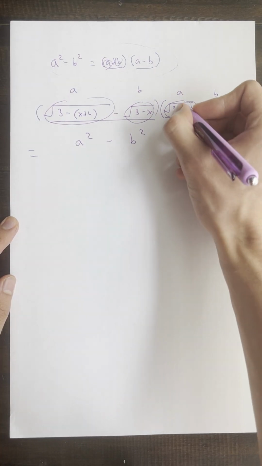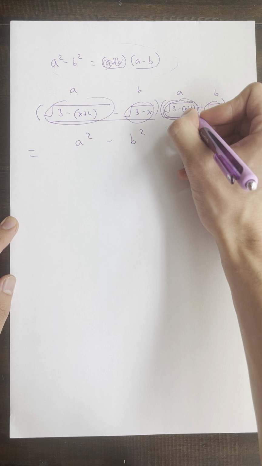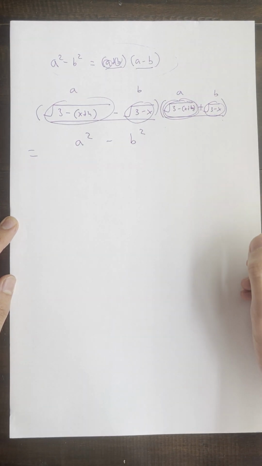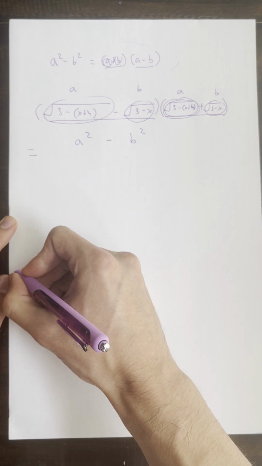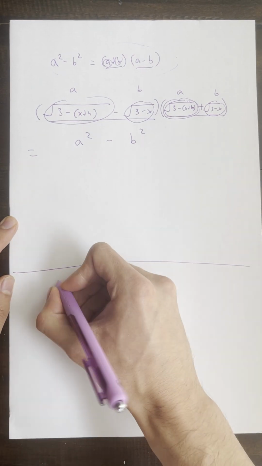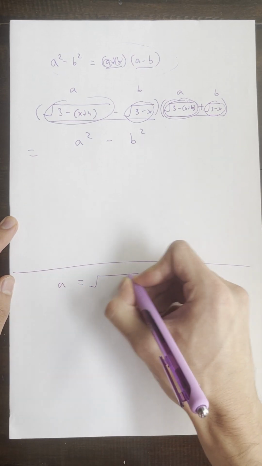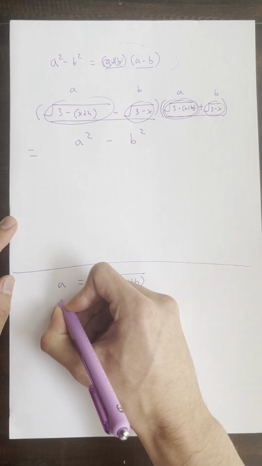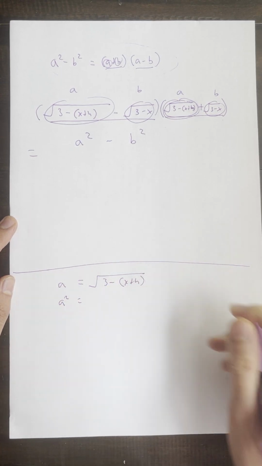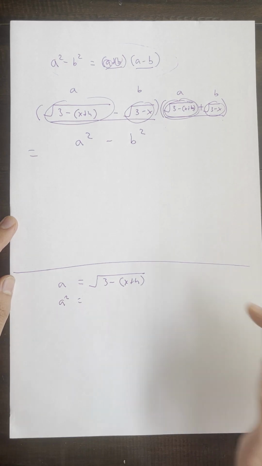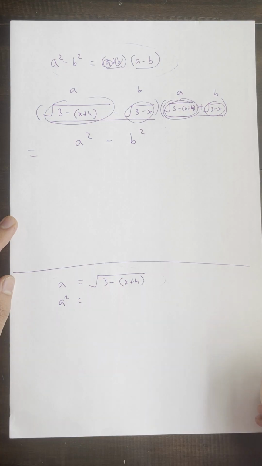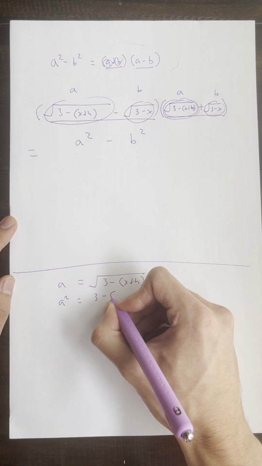If a is the square root of 3 minus (x plus h), what would a squared be? What happens to the square root sign if I square both sides of this equation? It goes away.